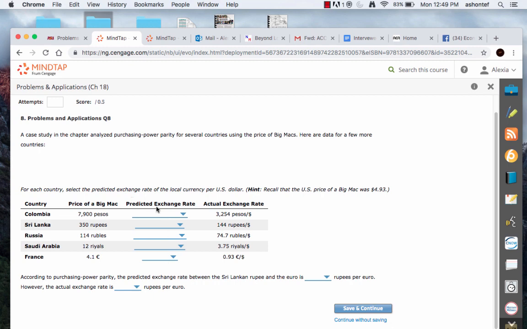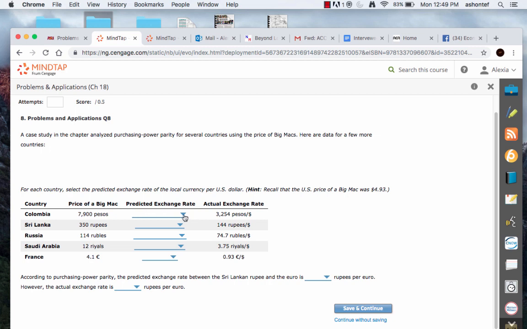So the trick to get the predicted exchange rate, again, is just a formula. You take the units of foreign currency per Big Mac and divide it by the price of the Big Mac, which in the US is $4.93.